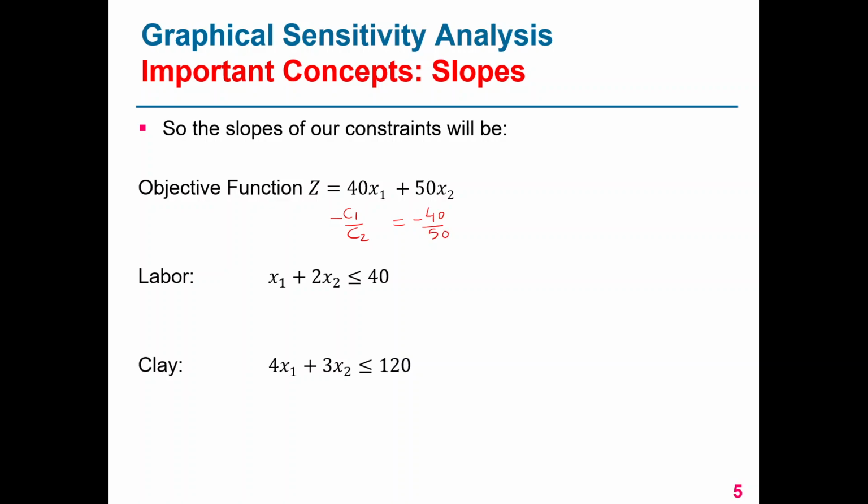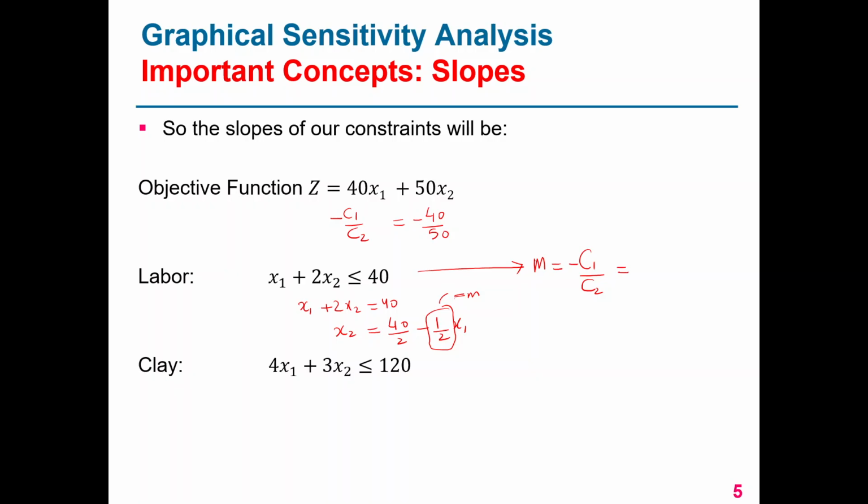Similarly, for the labor constraint, we can write x1 plus 2x2 equal to 40, so x2 is equal to 40 by 2 minus 1 by 2 x1, where minus 1 by 2 is the slope of the line. Or we can simply use the formula that we just discussed, that slope is equal to minus c1 over c2, or coefficient of x by coefficient of y.